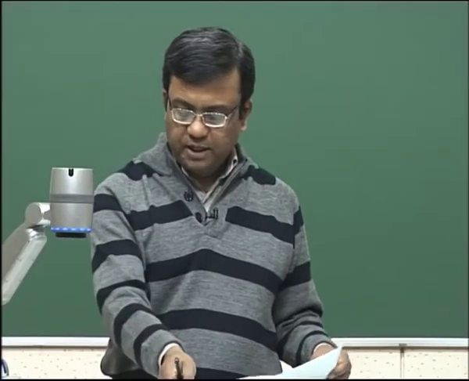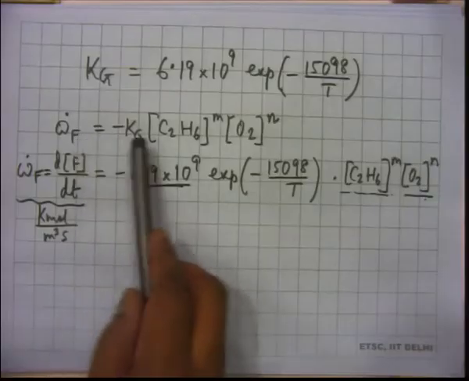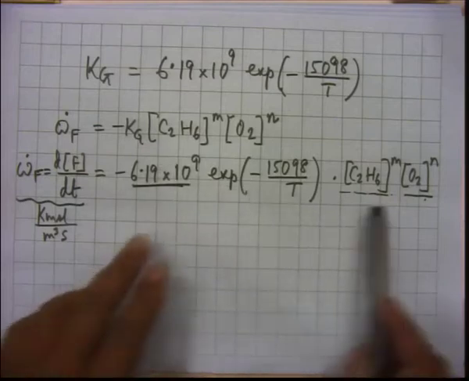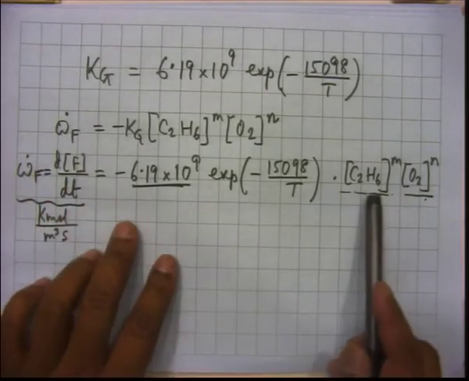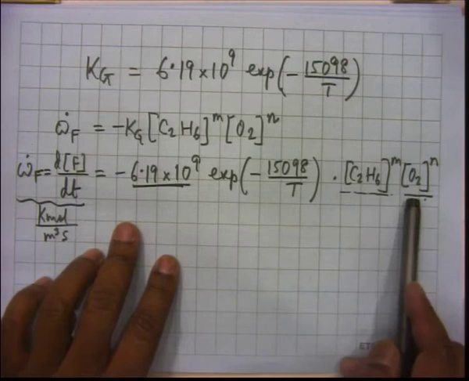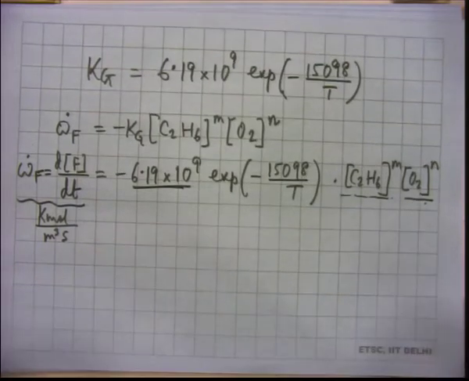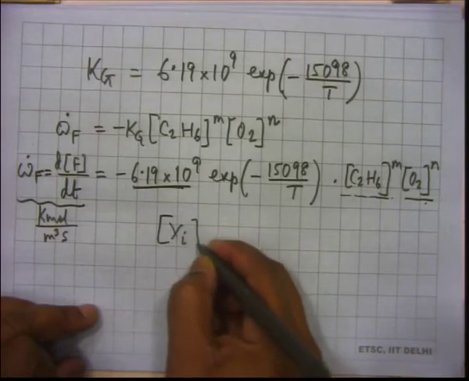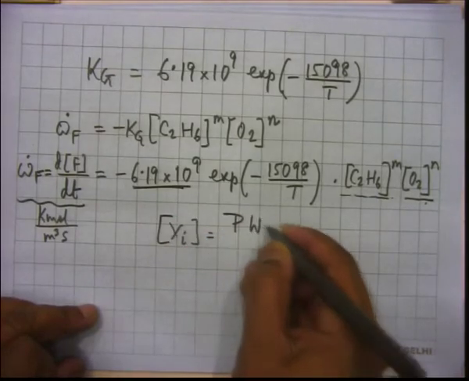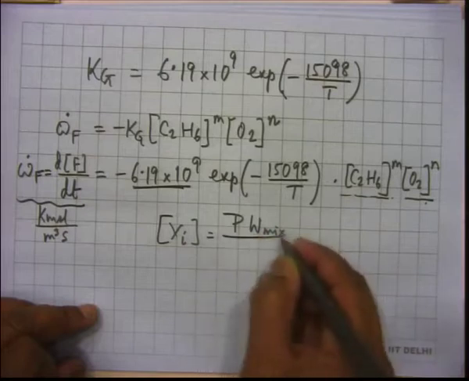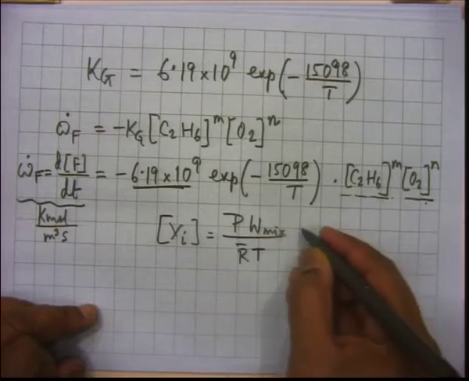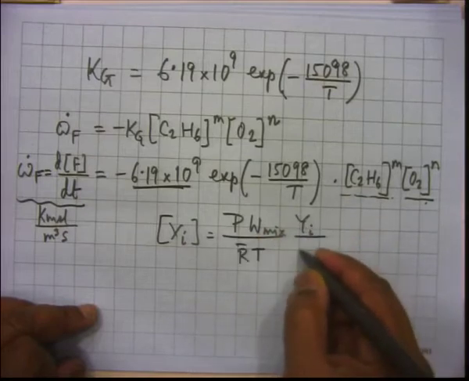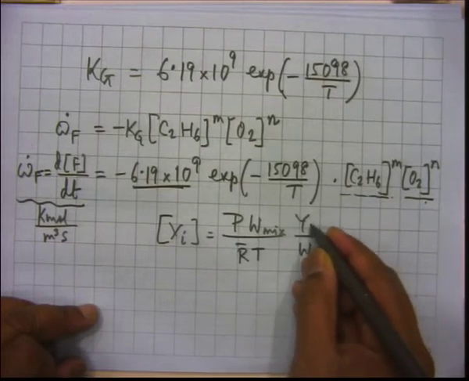When we are writing omega dot f, in the basic form it is written in terms of the concentrations, not mass fractions, but concentration of xi, let us say, must be this.